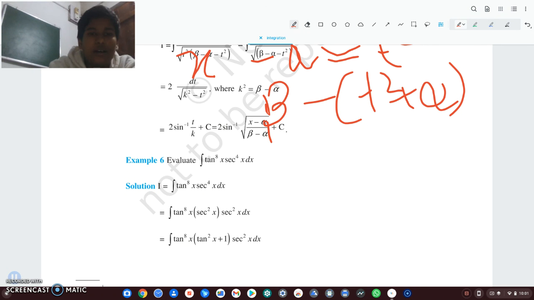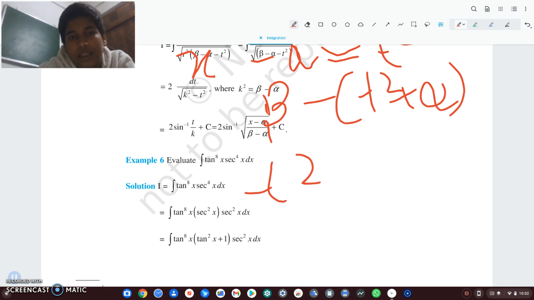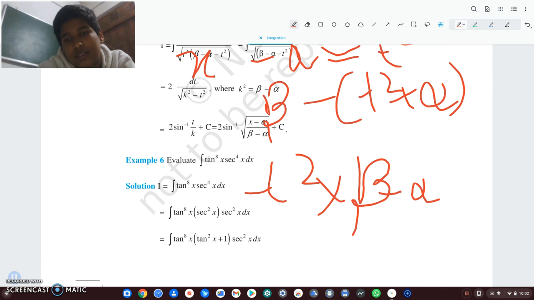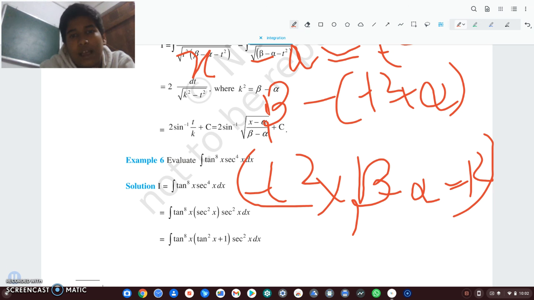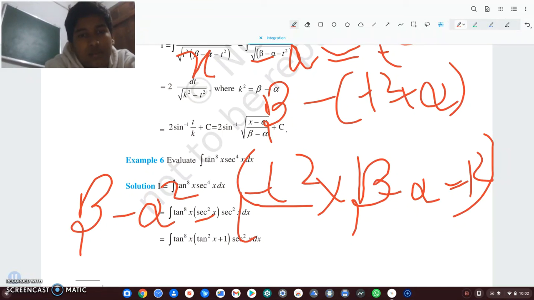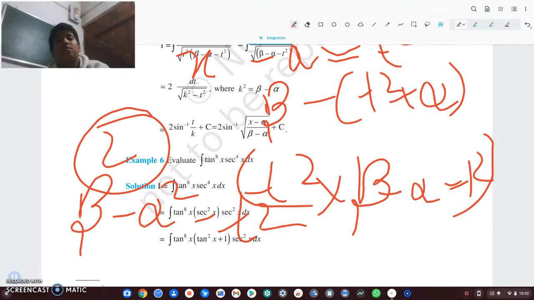The equation would form as t square into beta minus alpha minus t square, so we would get beta minus alpha square minus t square. For dt, 2 comes outside as a constant, and minus 2, and it is simple as we are getting it like this.